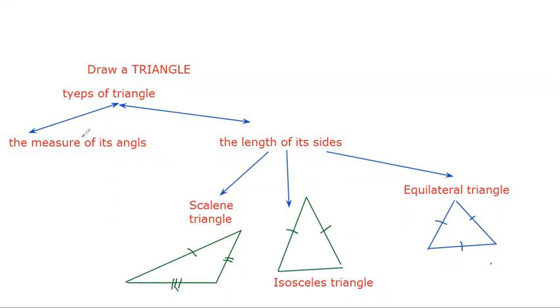Okay, this is if we want to classify the triangle according to the length of each side. Let's go back to classifying the triangle according to the measure of its angles. We have an obtuse triangle.